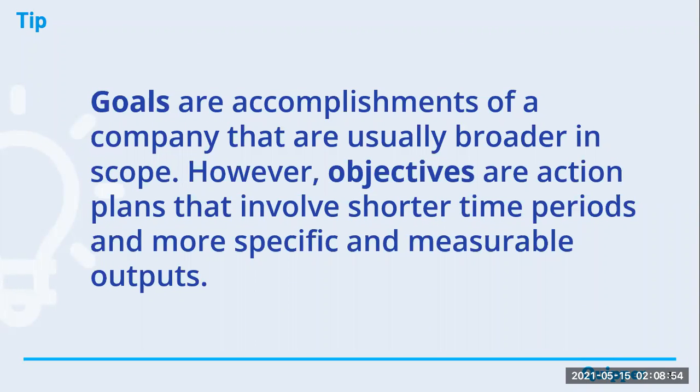So goals are the accomplishments of a company that are usually broader in scope. However, objectives are action plans that involve shorter time periods and more specific and measurable outputs.